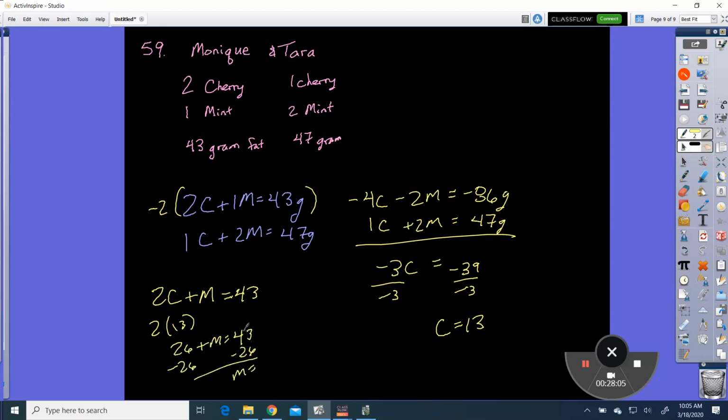So M equals 43 minus 26, 17. So mint has 17 grams, cherry has 13 grams. That's for each scoop. So there you go. That's the some homework.